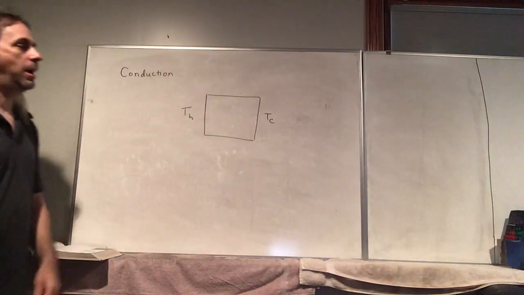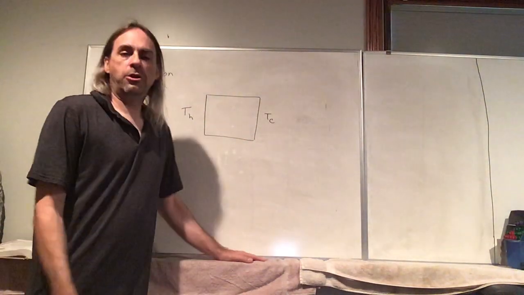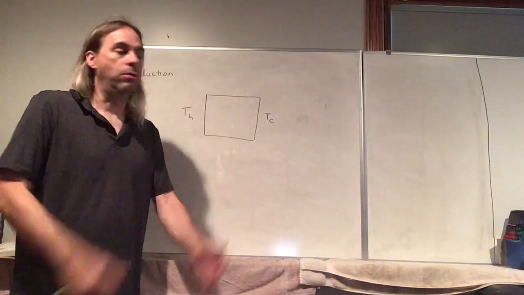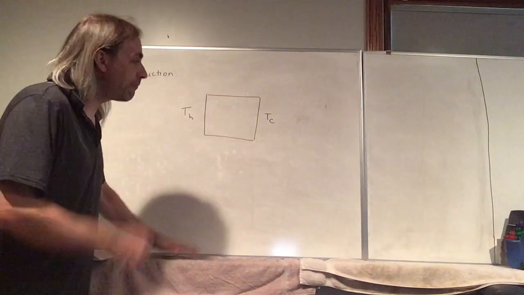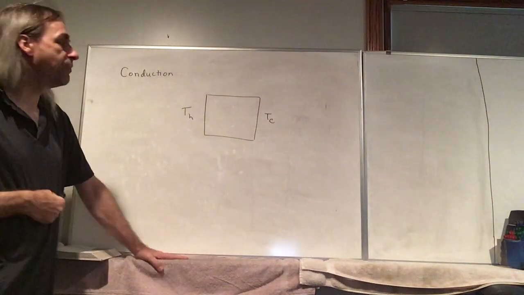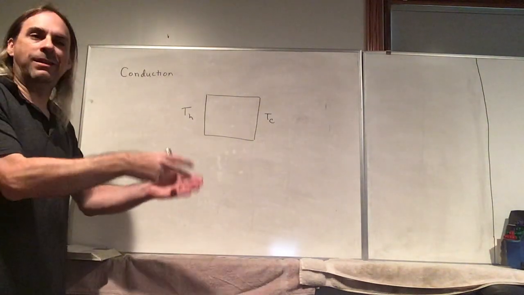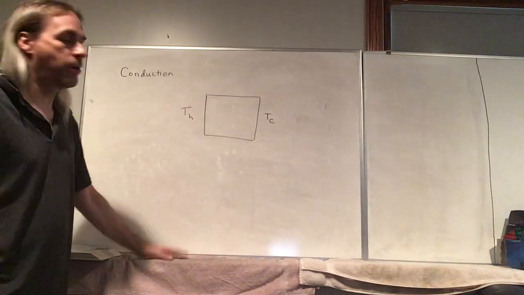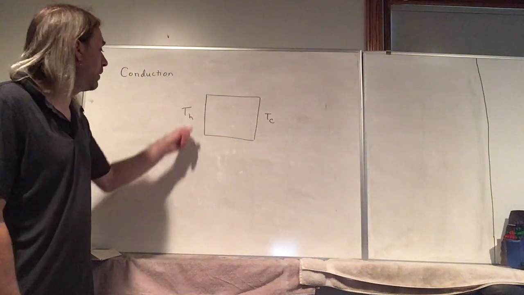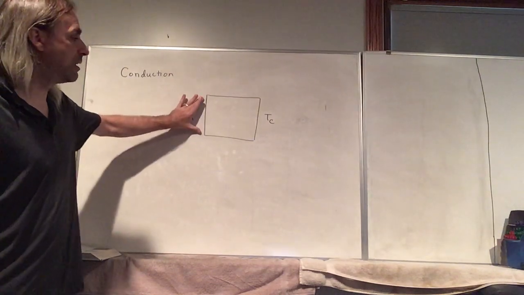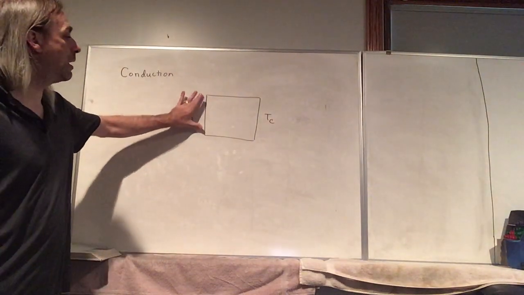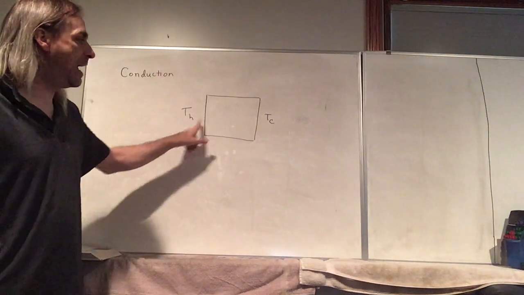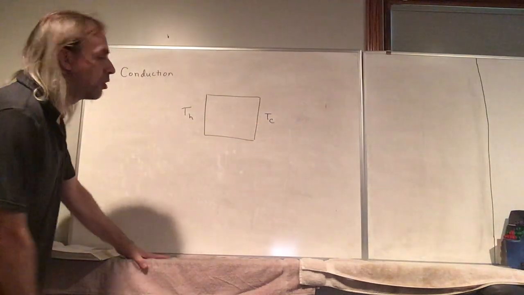You can picture, say you're cooking, you have a pot on the stove, and you have a long handle that's maybe made out of metal, and the part of the pot that's on the stove is very hot, but the other end of the bar is cold.